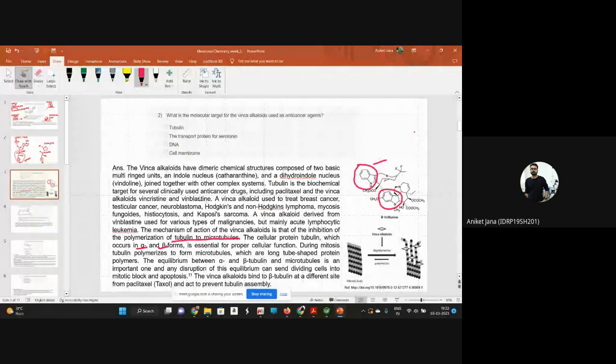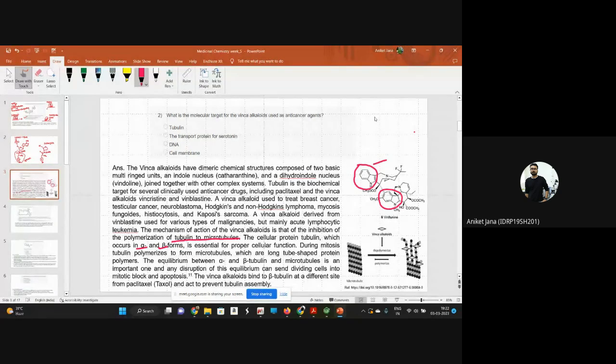Okay, microtubule is a cytoskeleton protein. It keeps the cellular shape, conformity, and integrity of the cell. It is a very important protein, and it has two isoforms, alpha and beta, and tubulin polymerizes to the microtubule unit.